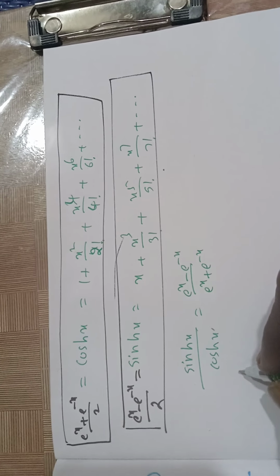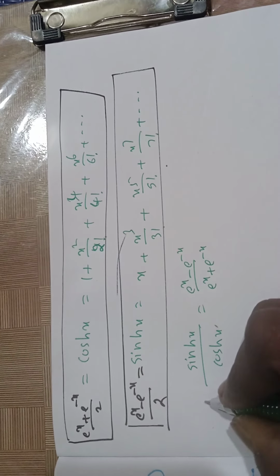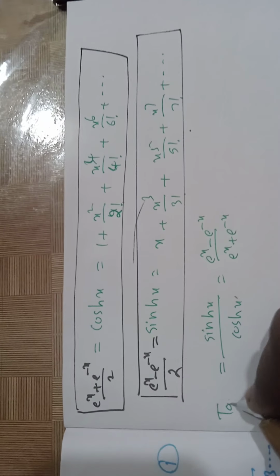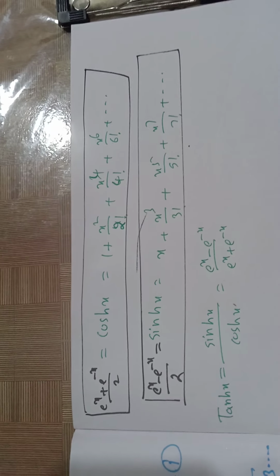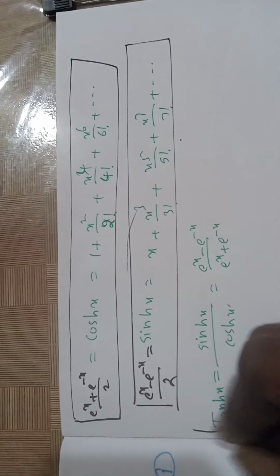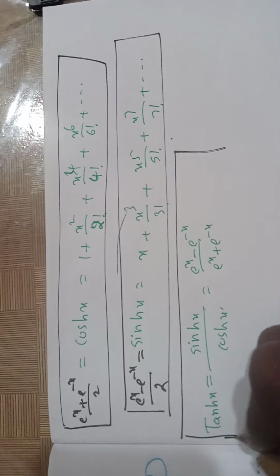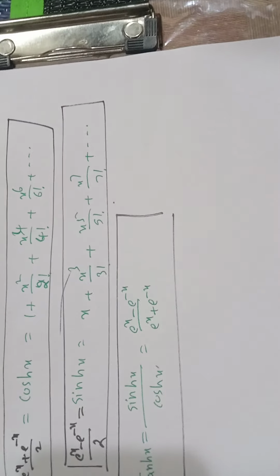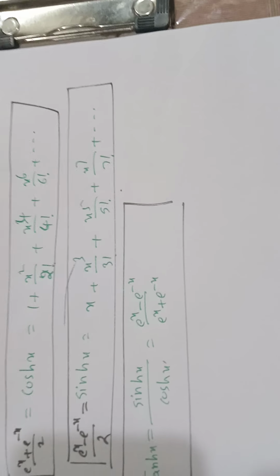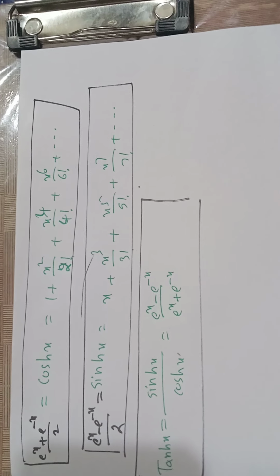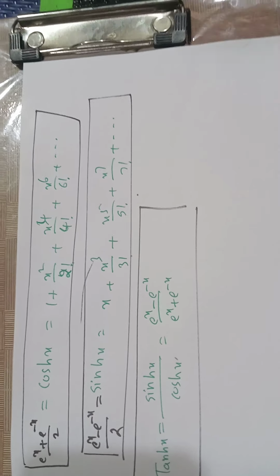This sin hx by cos hx is nothing but tan hx. So like that we can write tan hx in terms of the exponential series as e power x minus e power minus x by e power x plus e power minus x. You need to remember all these aspects.